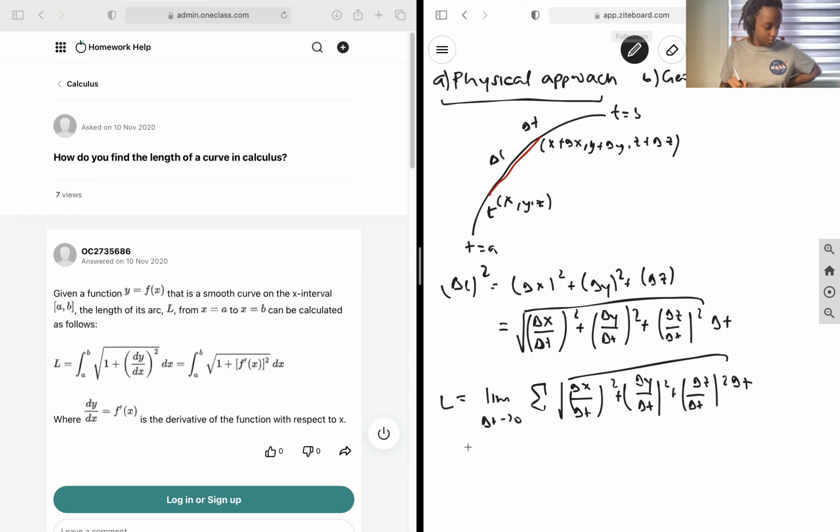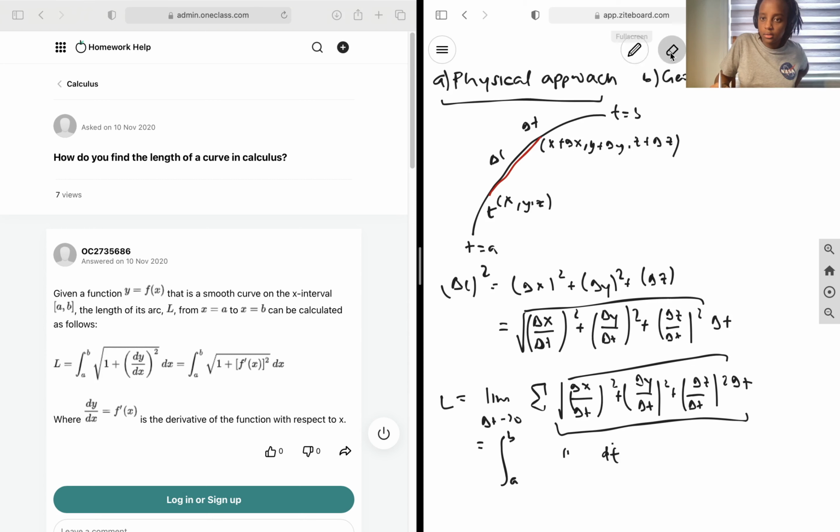And this will too become an integral, a to b of the same thing. The t instead of the change in t now. And finally, let's just erase what we have up here.